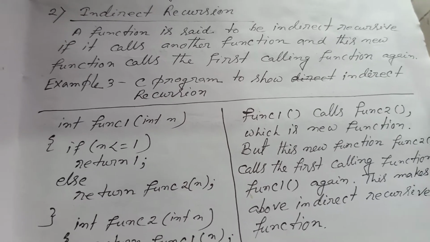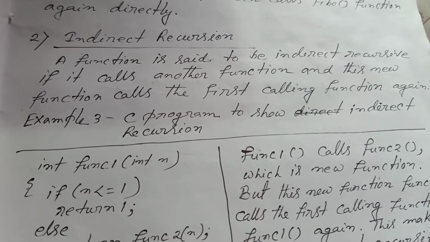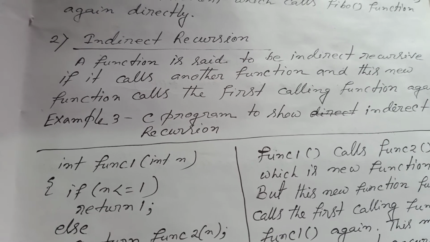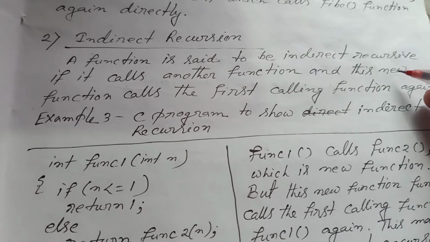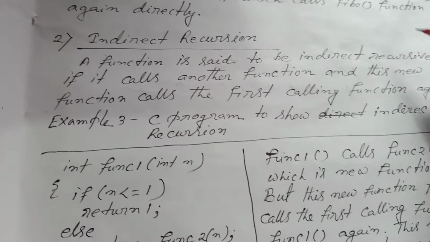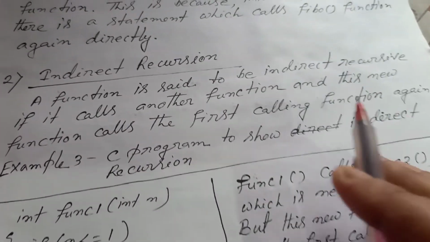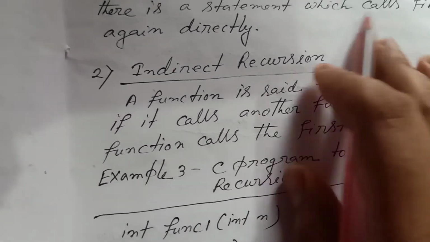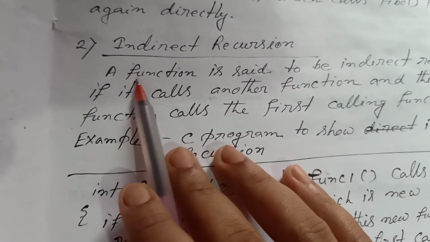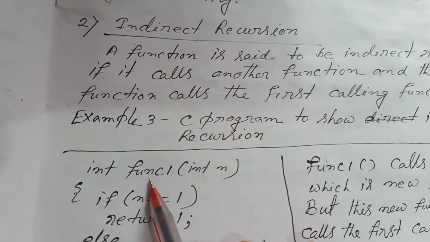That means if a user defined function is defined, within that function another function is called, and within that function the first defined function is called. So that's why the first function is called indirectly. That's why it is indirect recursion.